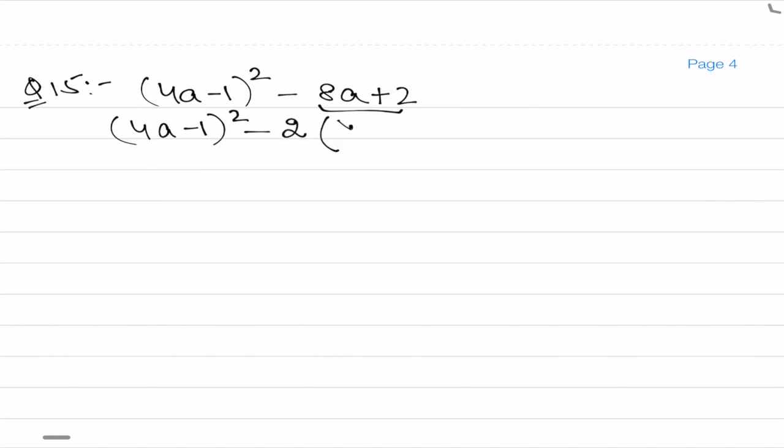So what is left? Minus 2 into (4a minus 1). Again I am explaining why it's minus 1: because outside it was a negative sign, and as I told earlier also, whenever a negative sign is out, the next term's sign will change. If it is positive, it will become negative; if it's negative, it becomes positive.